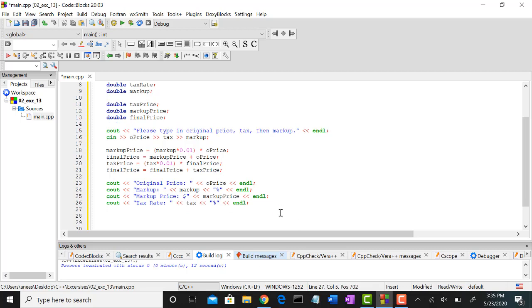And then we will have the tax price. Here I also put a dollar sign as always. Now tax price will be just taxPrice.